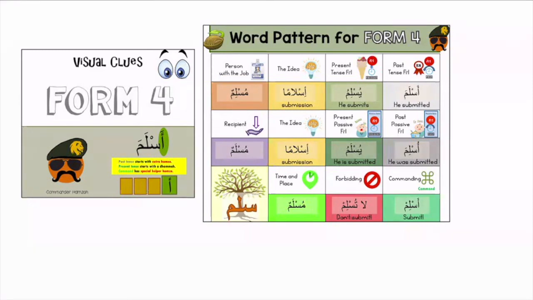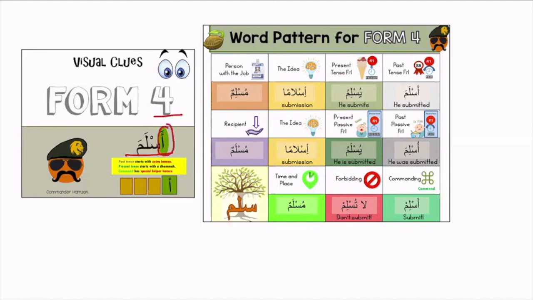So I was saying that we are going to talk about family 4 today, and the template we are supposed to learn is aslama. So you can call this family 4, or we can call it Bab Aslama. And as we can see over here, this alif is extra. So that is the marker for family 4.